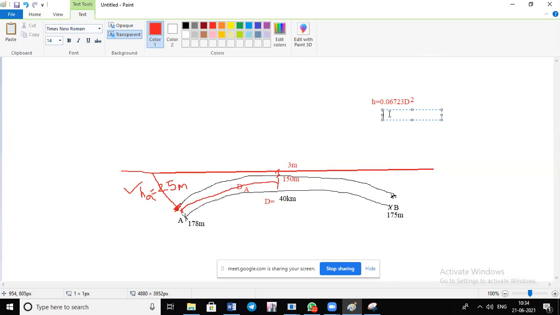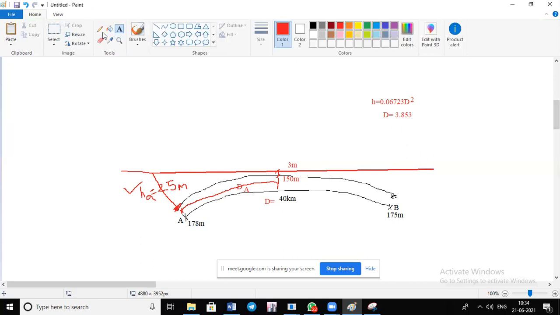So D is equal to 3.853 into the square root of H. With respect to this H, we can calculate the distance D of station A from the intervening ground.